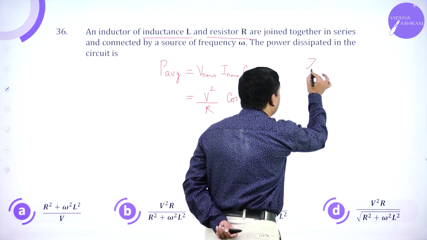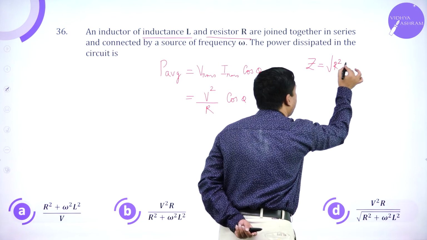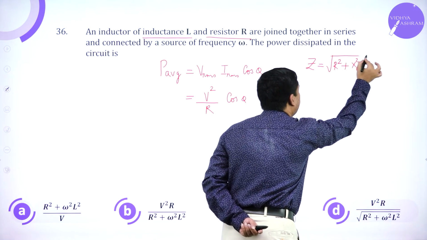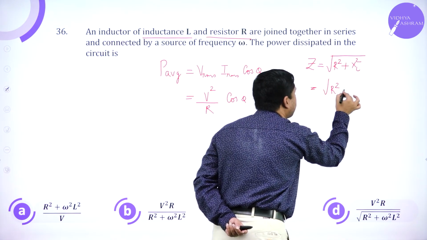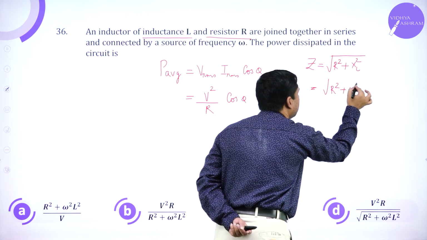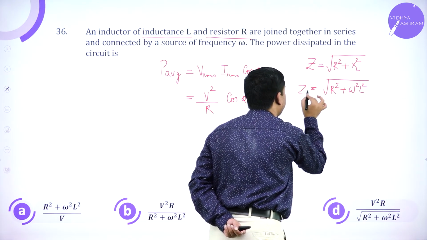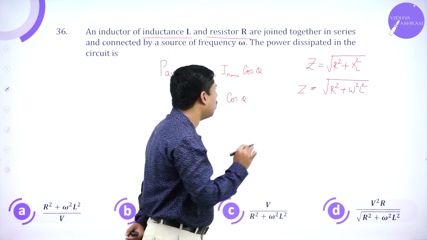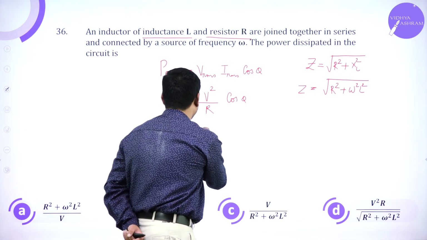Now, if I calculate the impedance, this is root of R square plus XL square, root of R square plus omega square L square. So this is Z. So substituting the value here, what do we get?